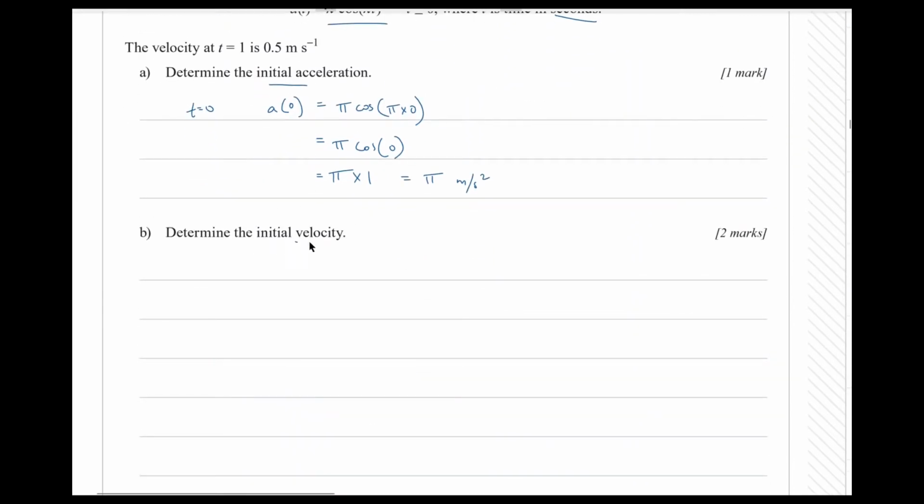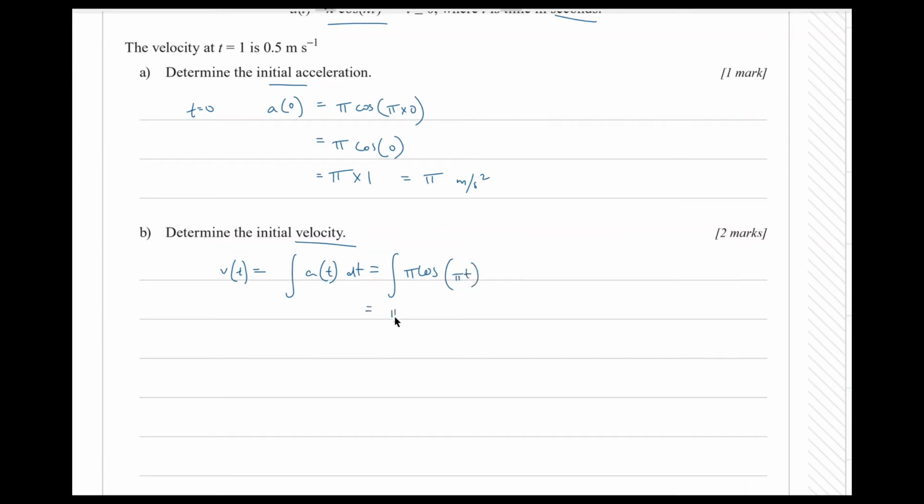Determine the initial velocity. We know that velocity v(t) is just the integral of the acceleration. So that's going to be the integral of pi cos pi t.